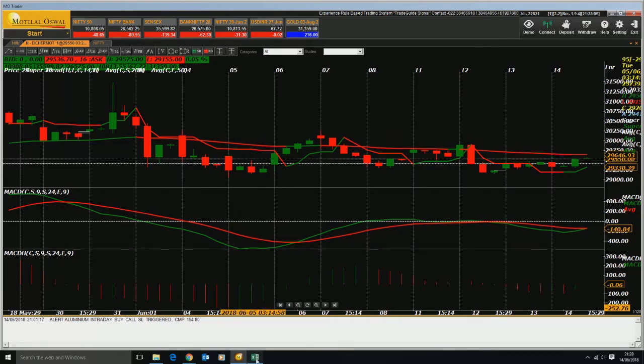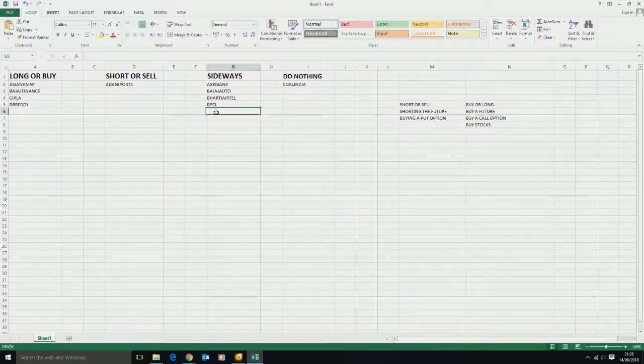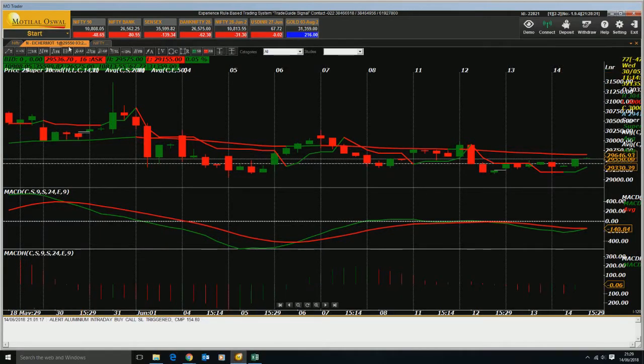So I put Eicher Motor here as sideways. Now I go to GAIL.